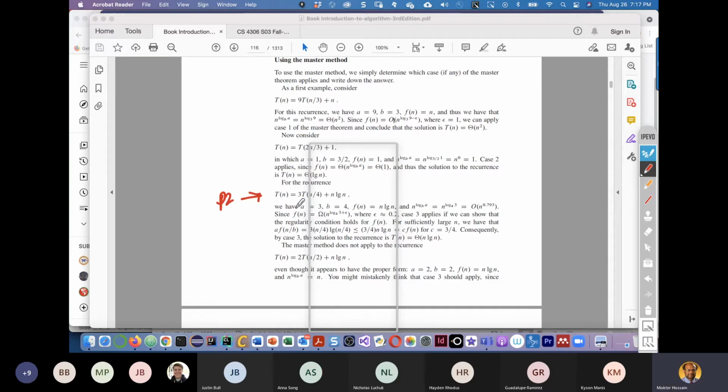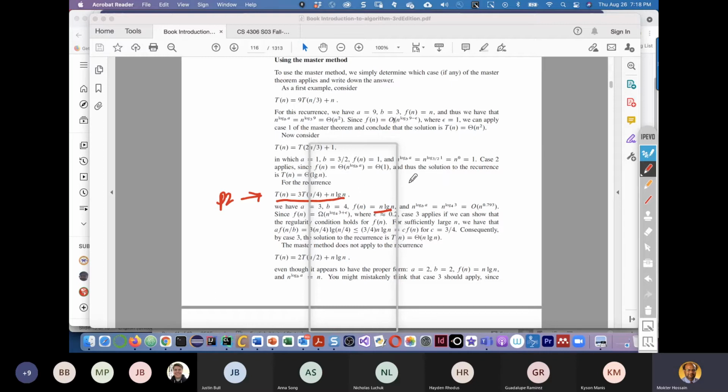Problem P2. Tn equal to 3 T of n by 4 plus n log n. So this is our Fn equal to n log n, and a equal to 3, b equal to 4. Right? It's easy.